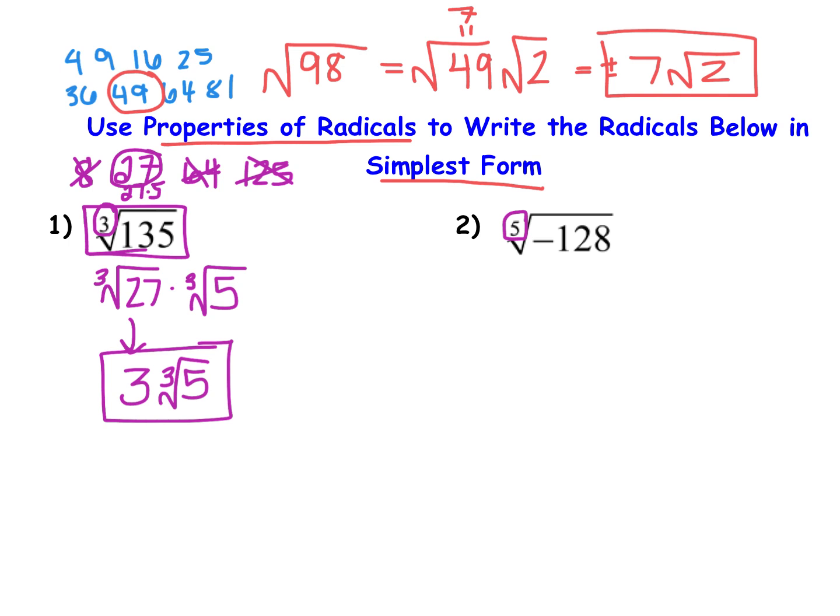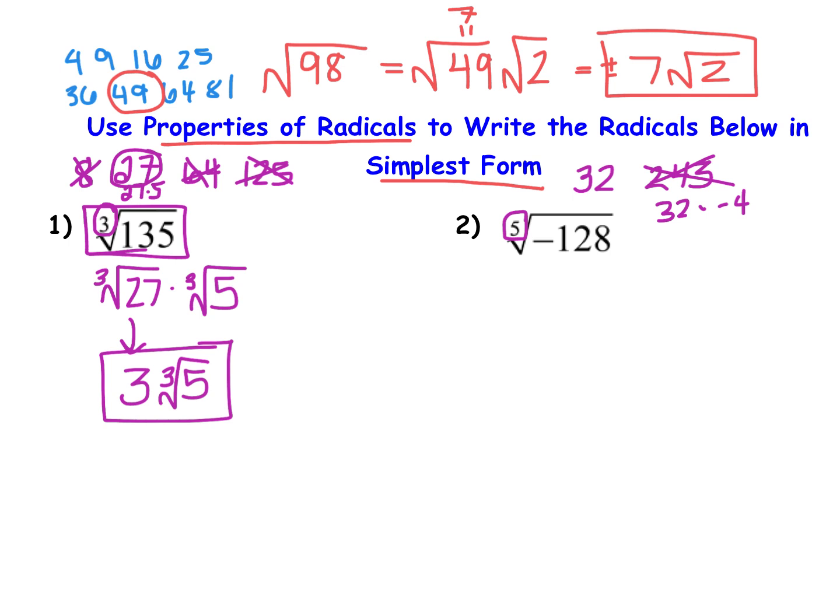If I think of my powers of 5, I know 2 to the power of 5 is 32. 3 to the power of 5 is 243, so that's already way too large, and I'm not going to look any further. I'm going to assume that it's either 32 or nothing. If I divide negative 128 by 32, I find that 32 times negative 4 gives me 128.